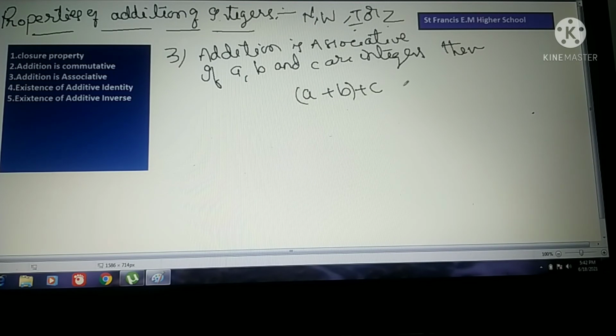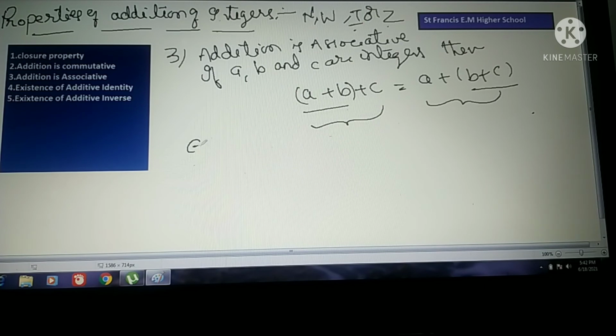If we add first 2 numbers and then the next one, if you add the last 2 numbers, that time whatever you get the result is, that is equal to the first one.